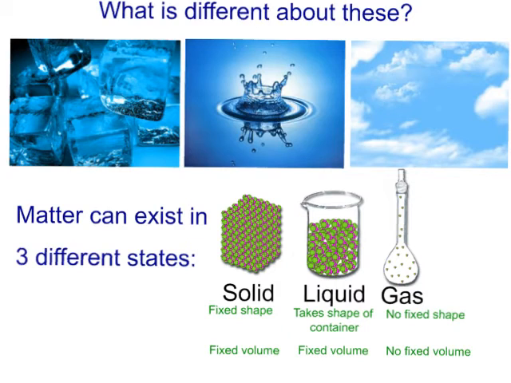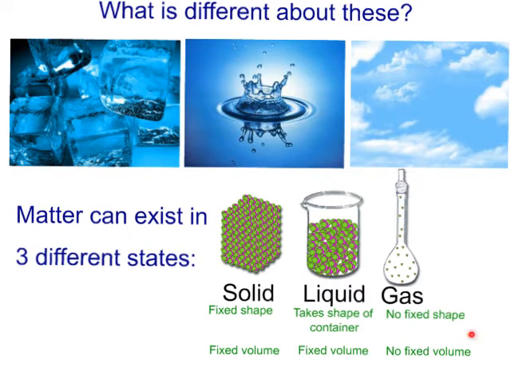If something then is in the state of a liquid, it will take the shape of its container. You can just think of that with water or any other liquid for that matter. It also still has a fixed volume. It has the volume it has. It's a little more loosely packed so that the molecules can move across one another and it can flow, and that makes it a liquid.